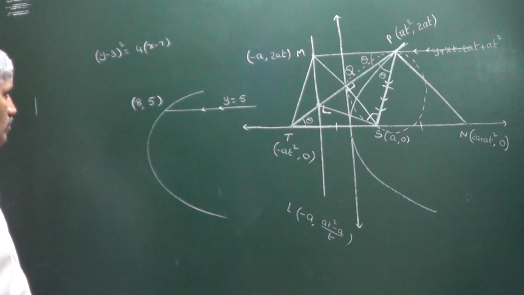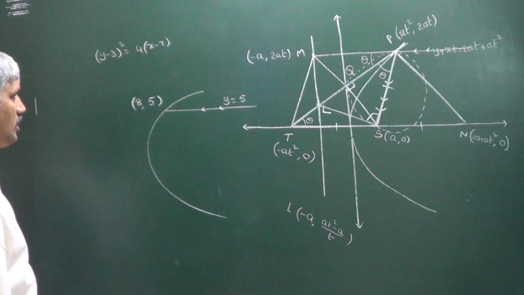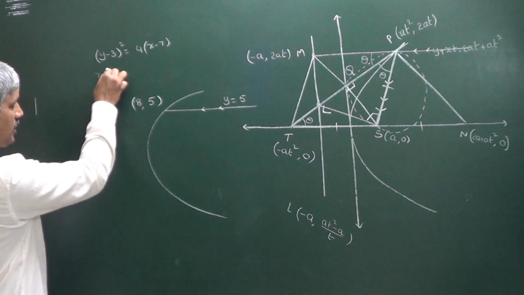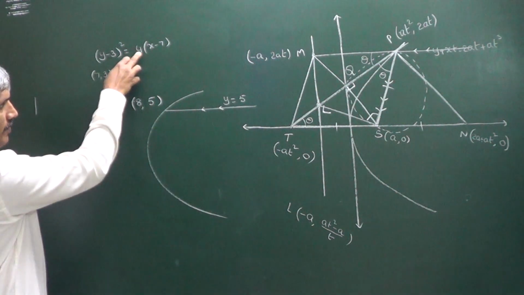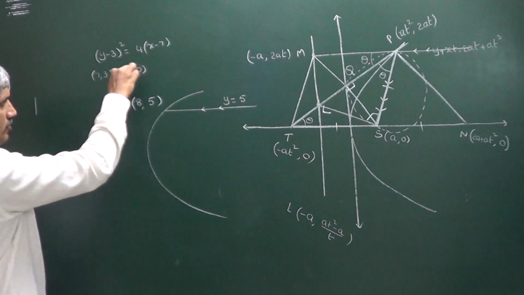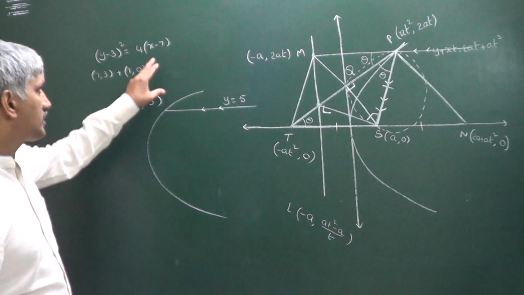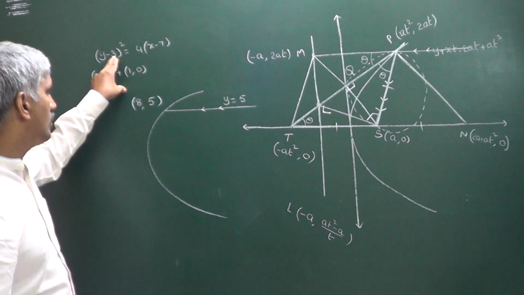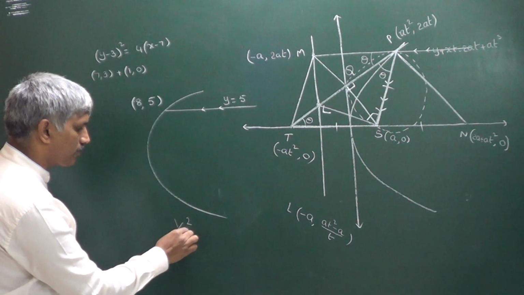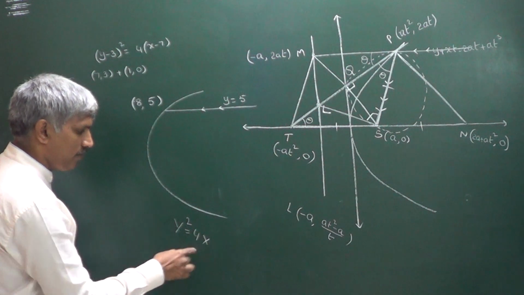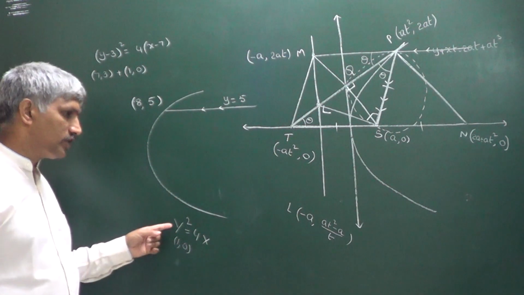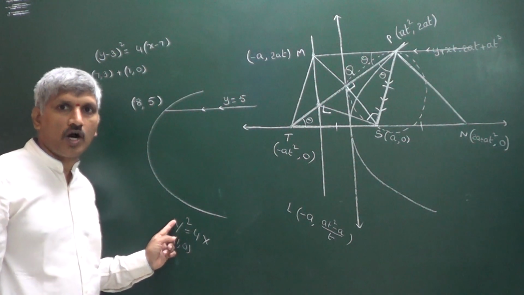Right? Now, what is the focus for this parabola? The vertex of the parabola is 7 comma 3, and a value is equal to 1. That's why we have to add 1 comma 0. When the parabola is in the form y square is equal to 4x, the focus is 1 comma 0, where the vertex is 0 comma 0.